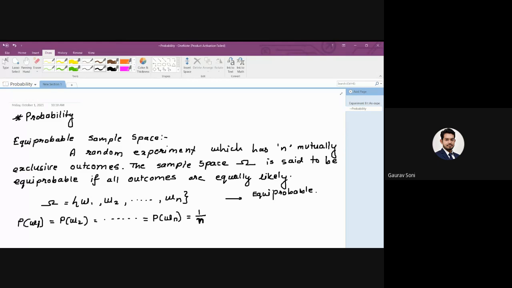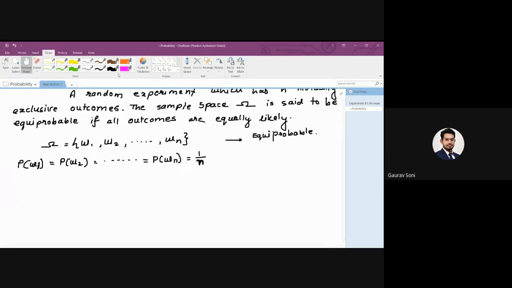So once we have defined this, I'll write down the definition for the probability of an event.